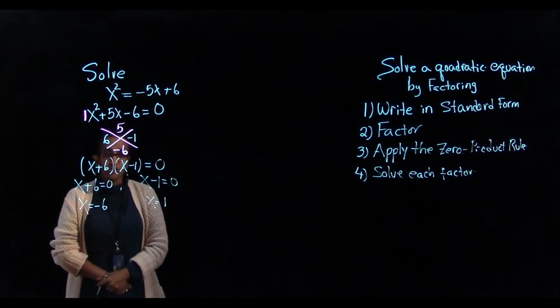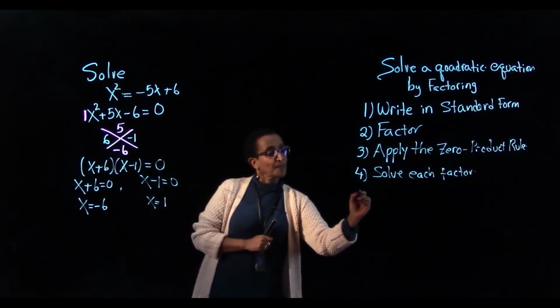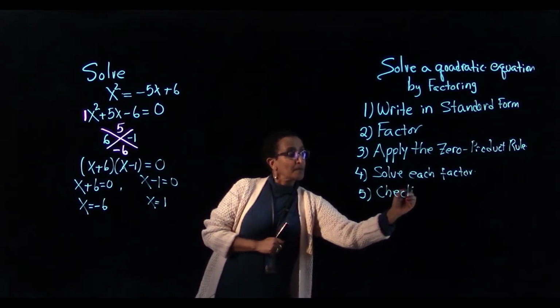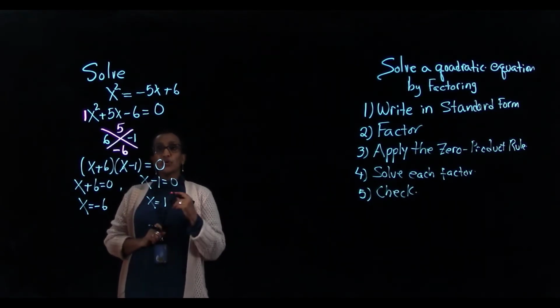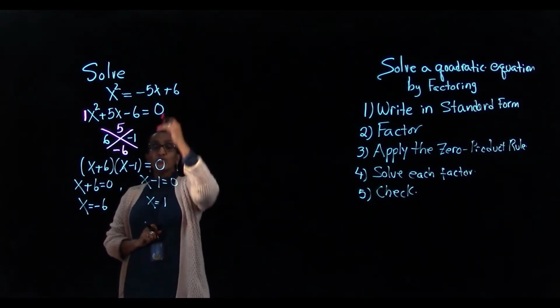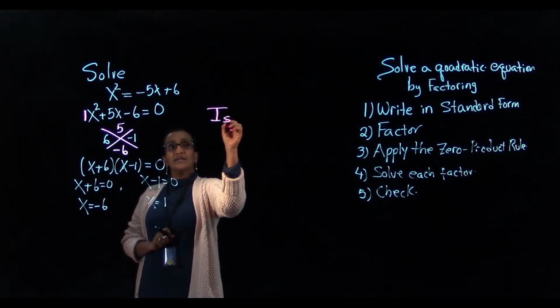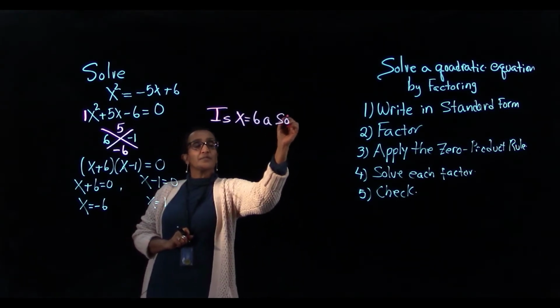The last thing we should always do, we must check. And when I'm checking, I'm always going to the original equation. The question I'd like to answer is, is x equals -6 a solution?